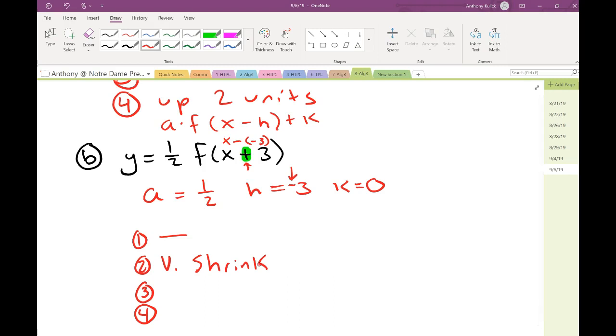For 3, it asks, does h equal 0? Our answer is no, so something happens. Since h is less than 0, it's going to go left because it's negative, and then 3 units because the h is negative 3.